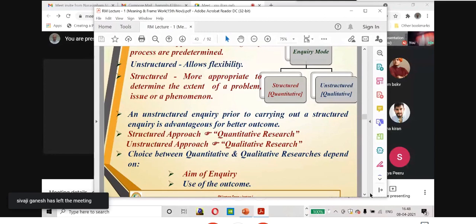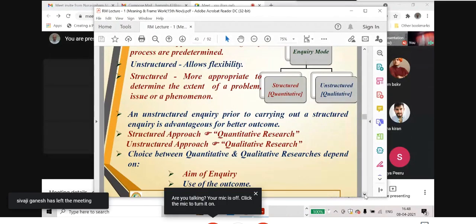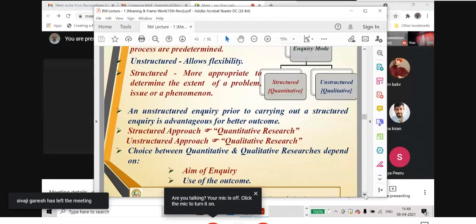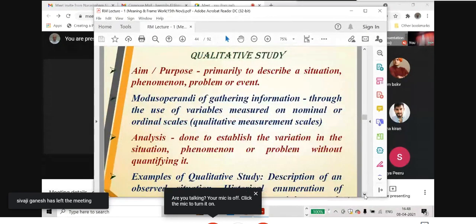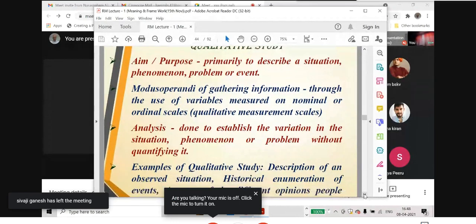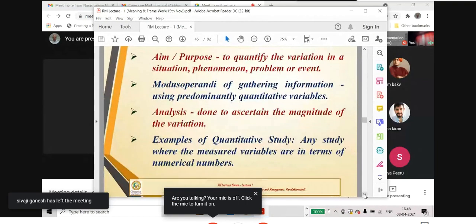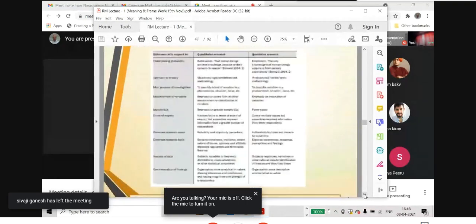So it all depends upon the aim of inquiry and the use of the outcome. So these are further explanations about the qualitative and quantitative study. Here I have given the differences between qualitative and quantitative. You can go through it.